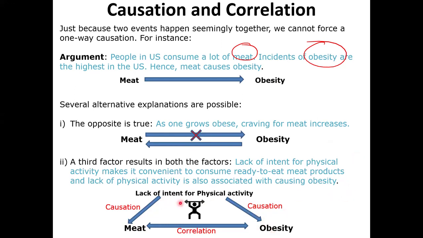If this is the case, then meat and obesity are merely correlated. So it takes away the causal relationship between these two factors. Hence, both this option and the previous one challenge the causal relationship established by the original argument.